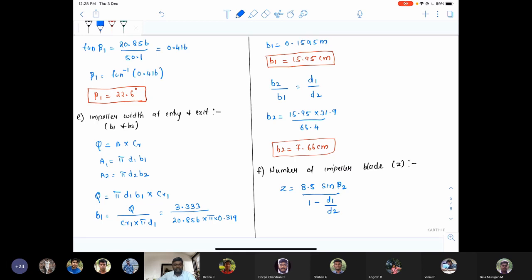This is the formula which is used to find the number of impeller blades. That is, Z is equal to 8.5 sine beta 2 divided by 1 minus d1 by d2. You can refer to the material which I have sent in the morning.